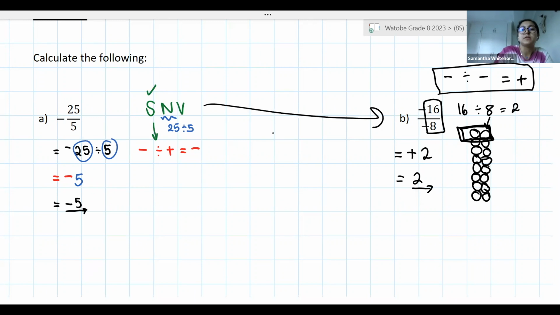That's where S and V comes in: signs first, then numbers, and then when we eventually do algebra, then variables. Okay, so Asmathi, I hope that makes sense. Asmathi, does that make sense?